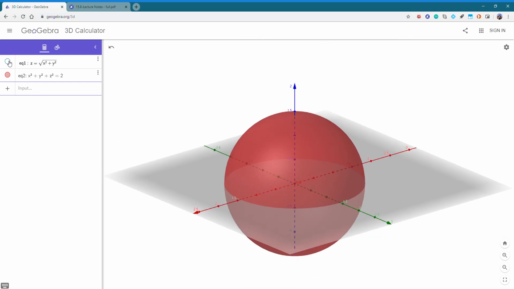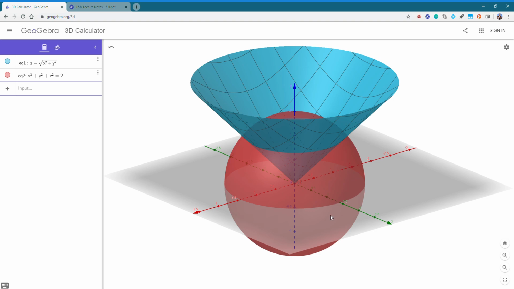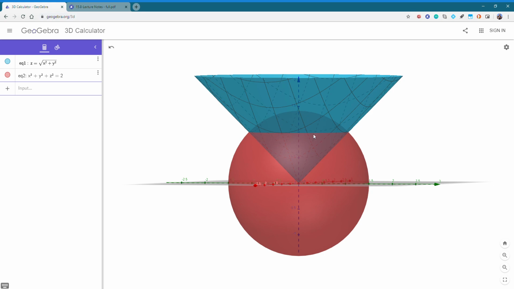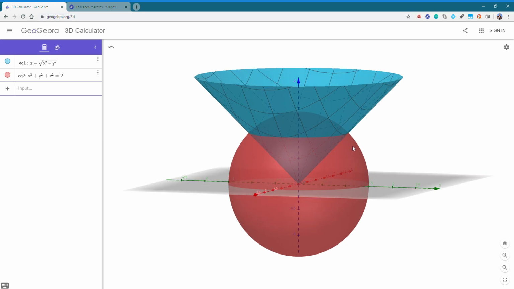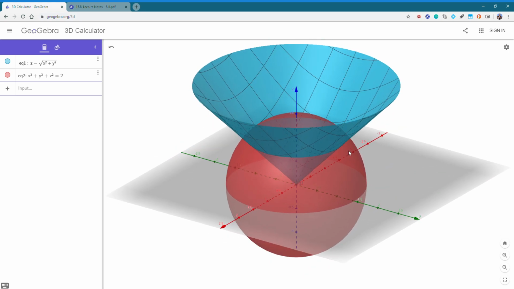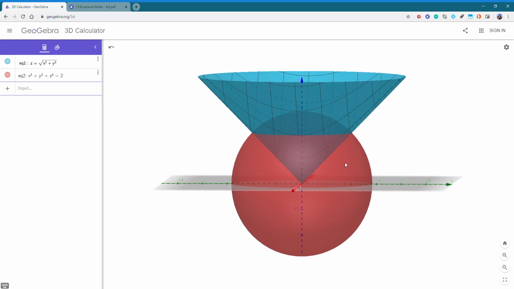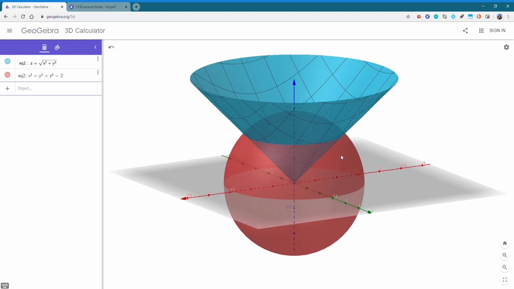And if we toss in the cone, again, we see it intersecting with our sphere, and it's going to be this ice cream coney filled in three-dimensional region that we want to integrate over.